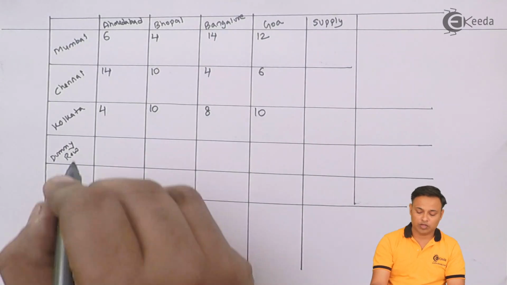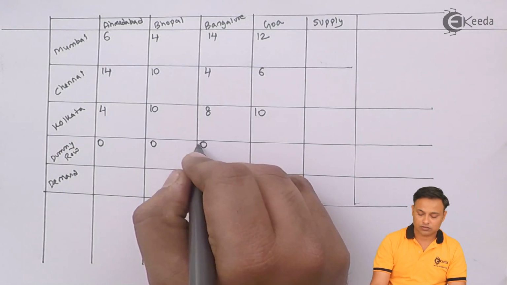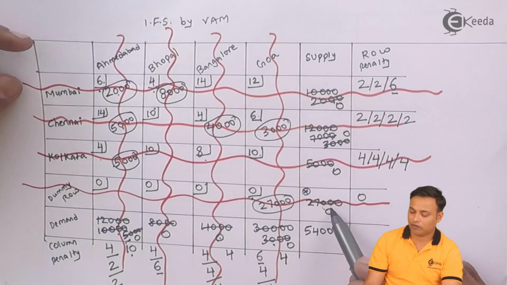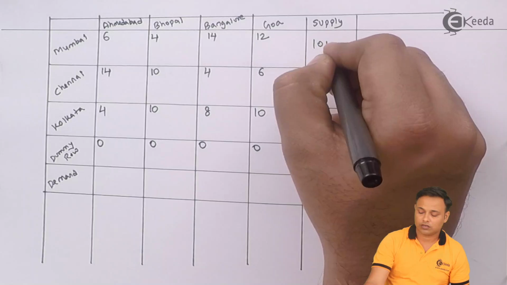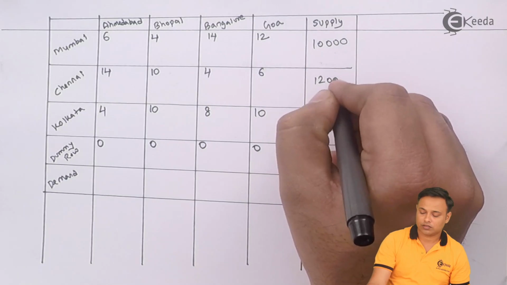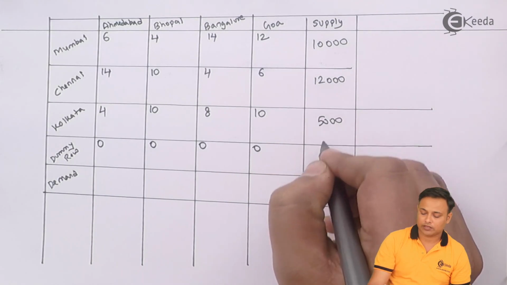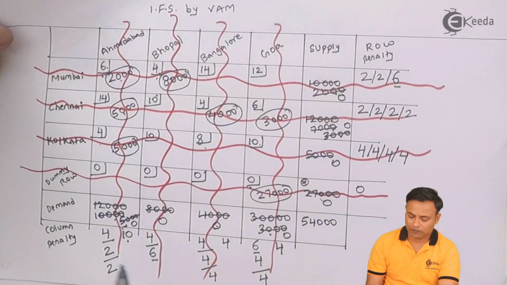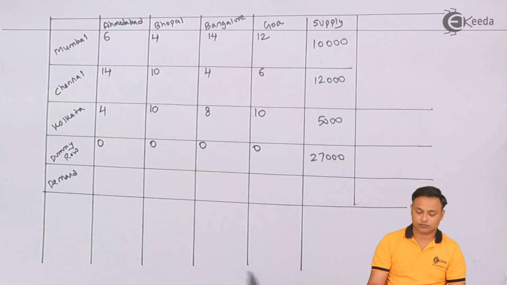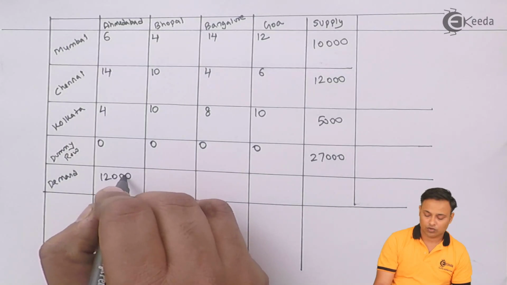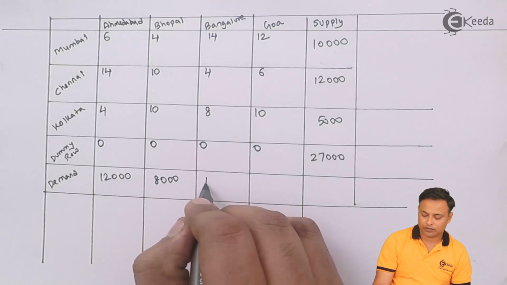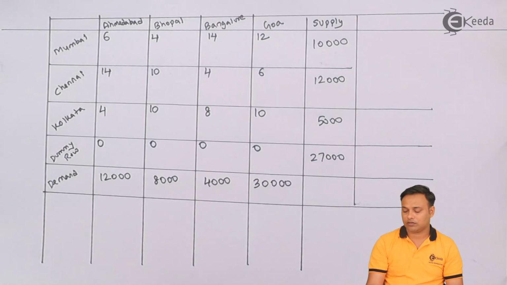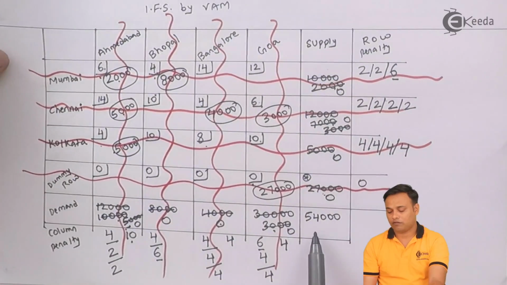And the last, we have dummy row, we have a 0 here. And then we have the supply of 10, 12, 5 and a dummy of 27,000. And we have a demand of 12, 8, 4 and 30, which comes to 54,000.